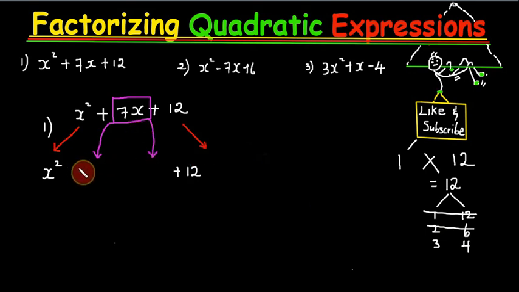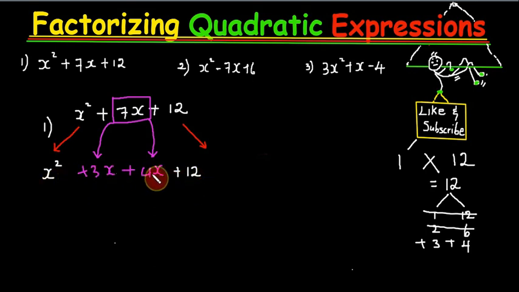Positive 3 and positive 4 will give us positive 7. So this is what we will write: plus 3x plus 4x. So now we have 4 terms.